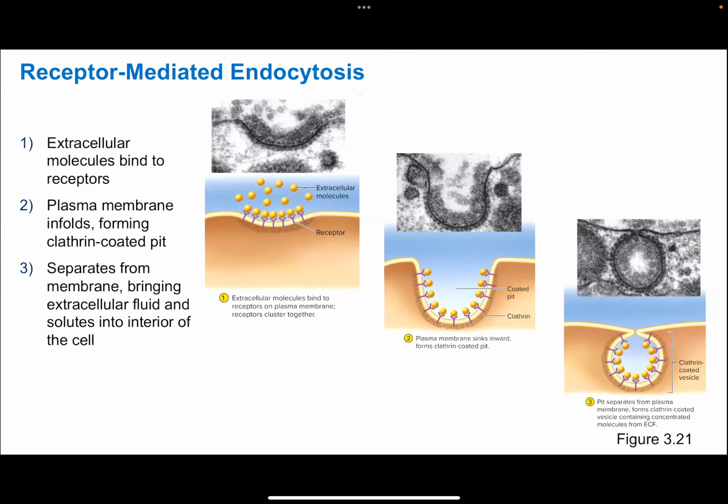And this will bring the extracellular fluid and whatever was attached, whatever solutes were there, to the inside of the cell. An example of this is also nutrient absorption in the small intestine. We also see this with LDLs. Those are low density lipids. Those are your bad cholesterol. You can also see this with the uptake of insulin.